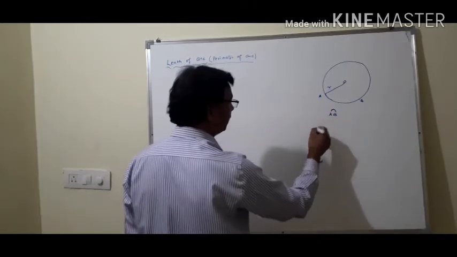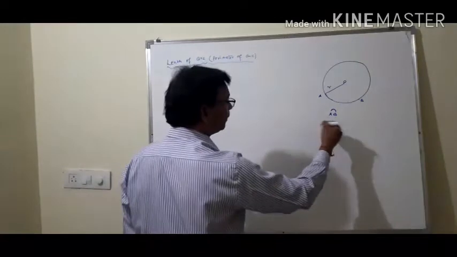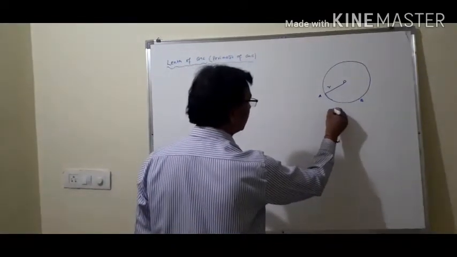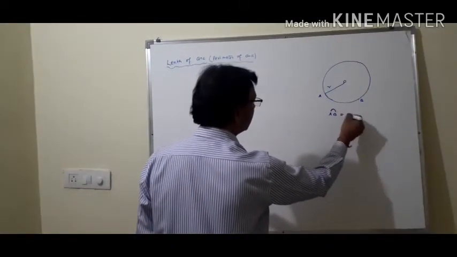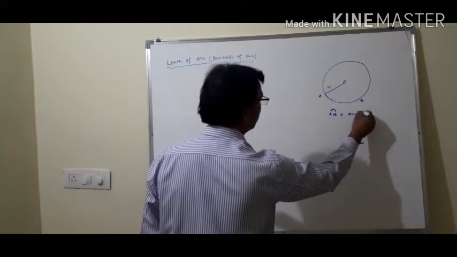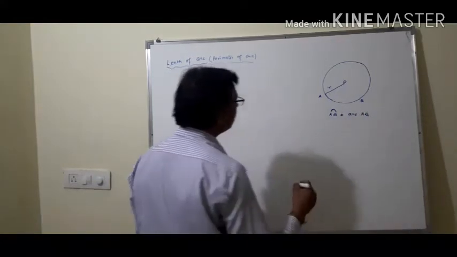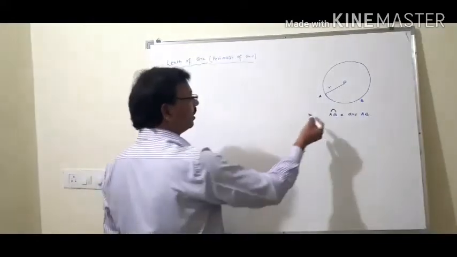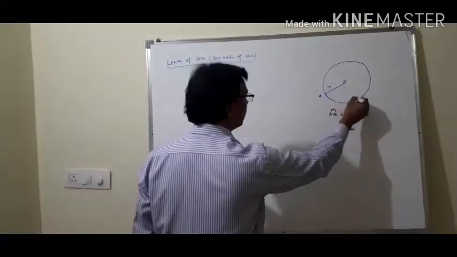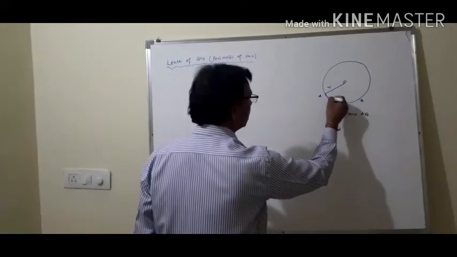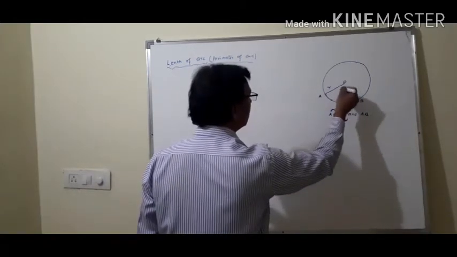On the AB, we draw a semicircle, and this is read as arc AB. Length of arc or perimeter of arc, both are the same thing.